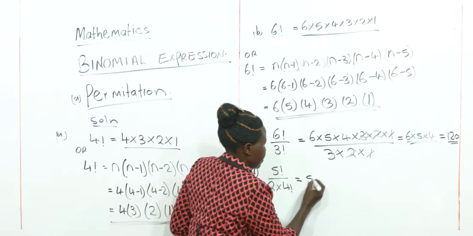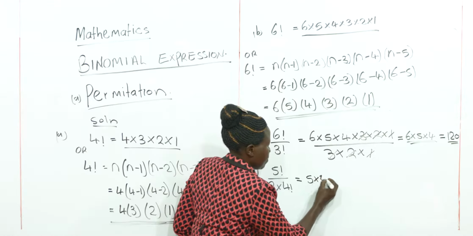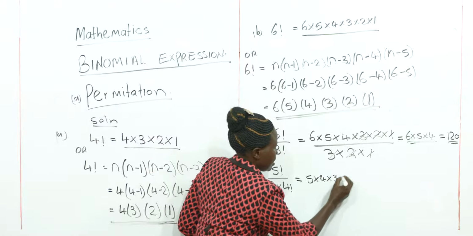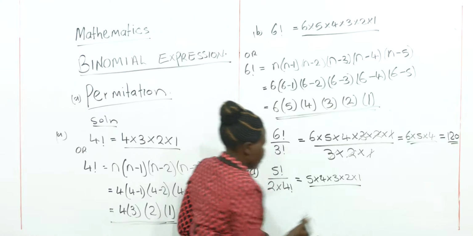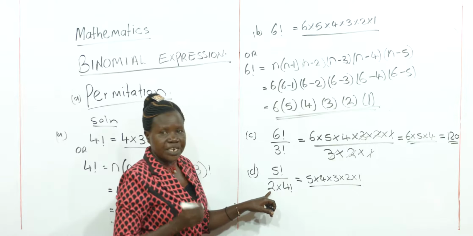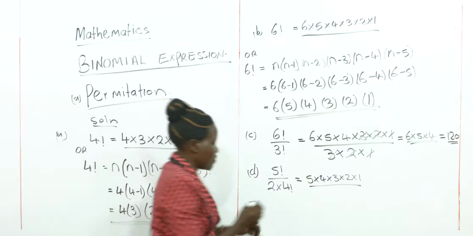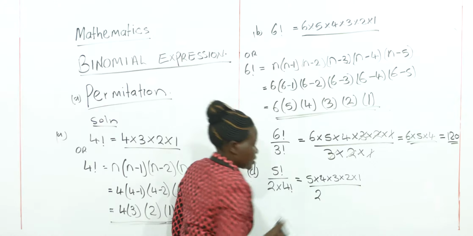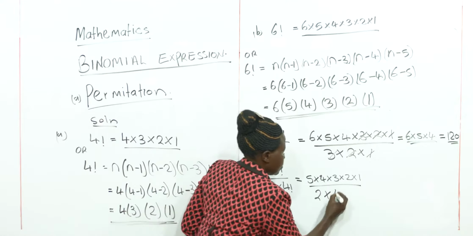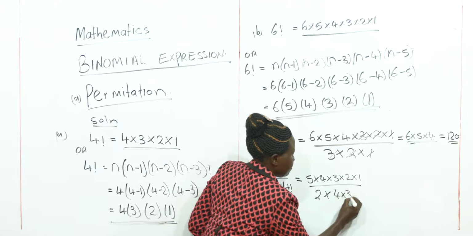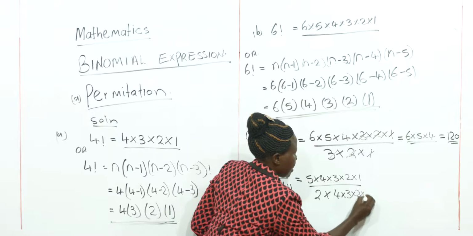So you will have 5 by 4, and then by 3, and then by 2, and then by 1. Then divide it by 2, which does not contain any sign of a factorial. Therefore, you only take 2 as a whole number. Then multiply it by 4 factorial, meaning 4 by 3, by 2, and then by 1.